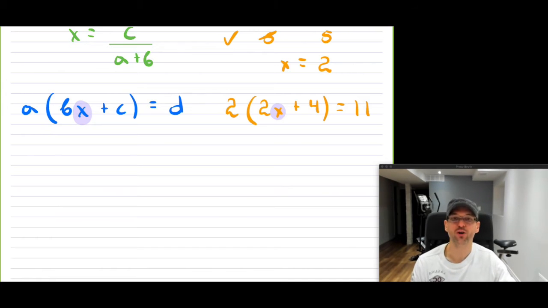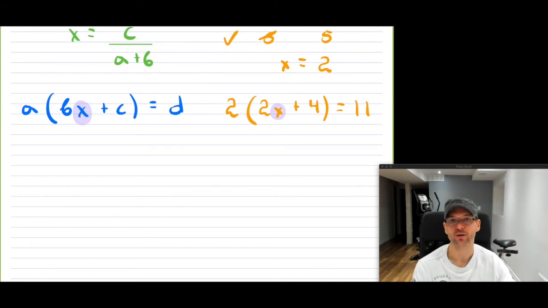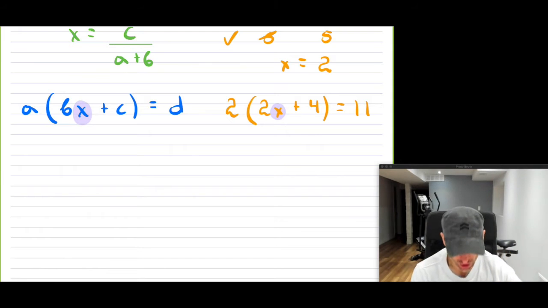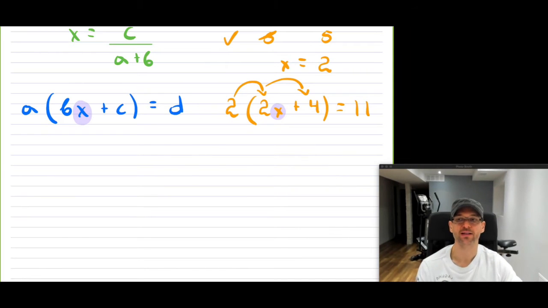Now, if you were solving for this x, let's again shift over to the right hand side where it's just numbers. What would we do? Well, you can do two things. I can bring this inside of the bracket like this. So that's something that we could have done.